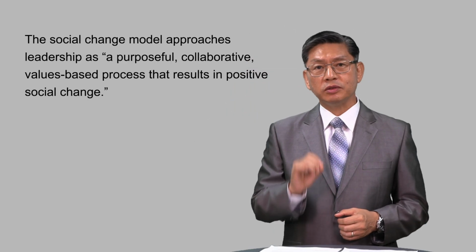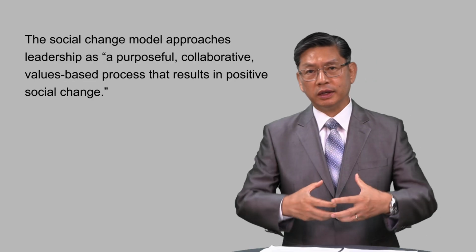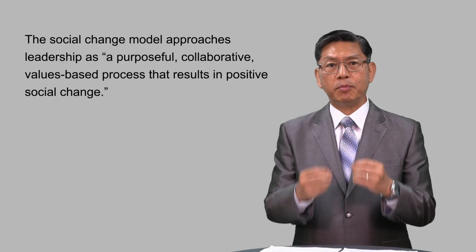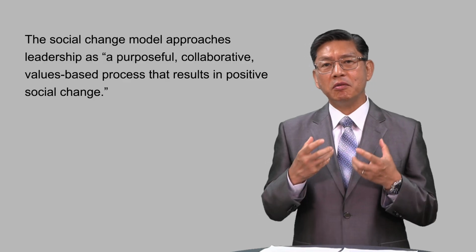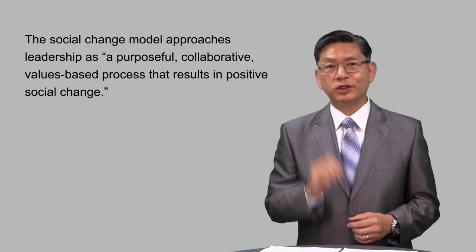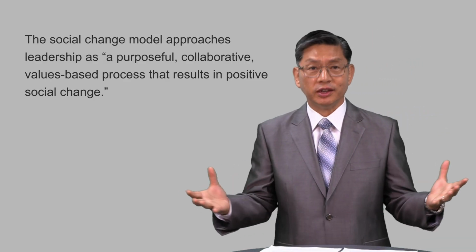So the social change model of leadership development is identified as the most applied leadership theory in the context of collegiate leadership development programs. The social change model approaches leadership as a purposeful, collaborative, value-based process that results in positive social change.